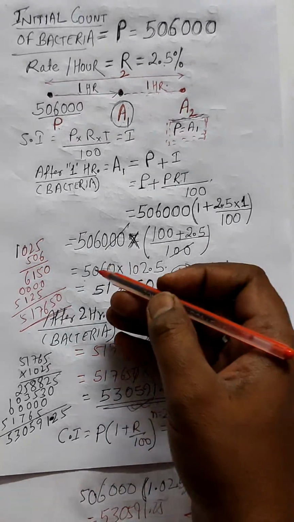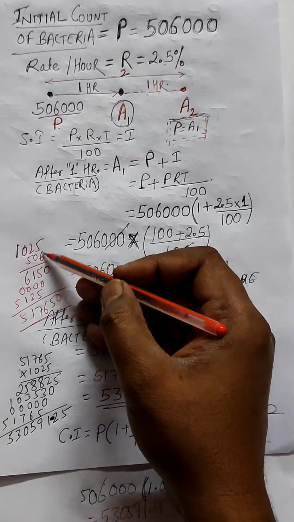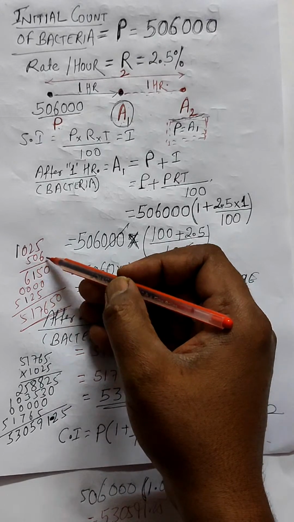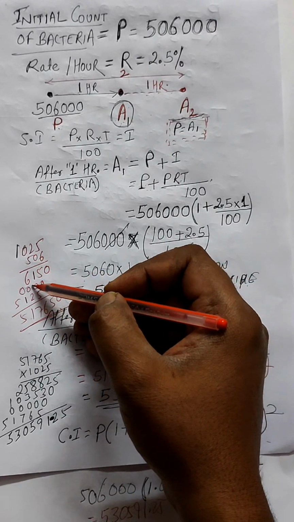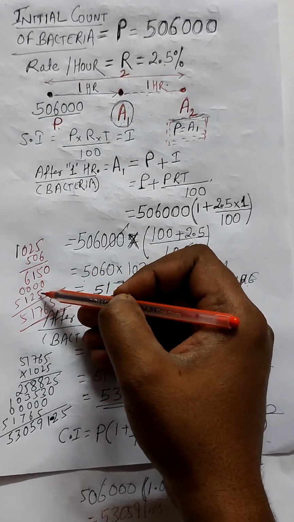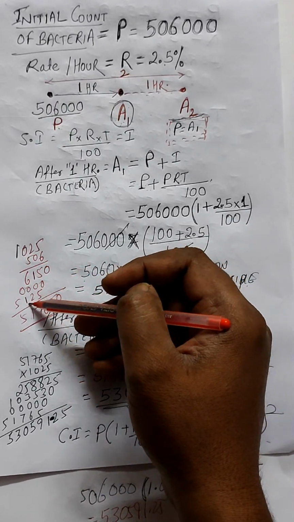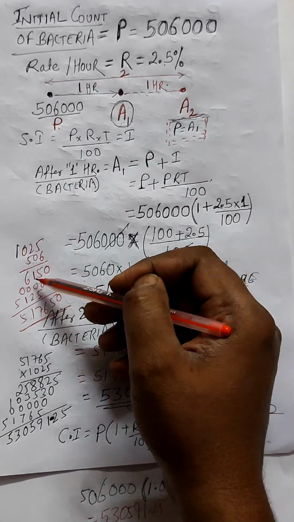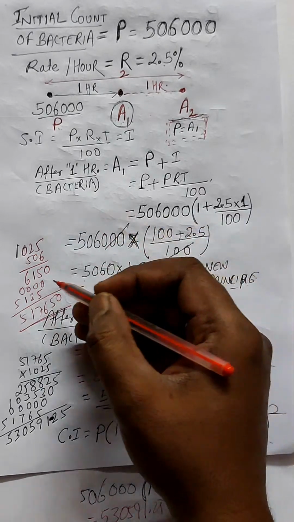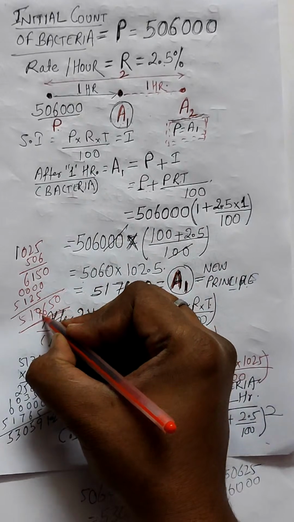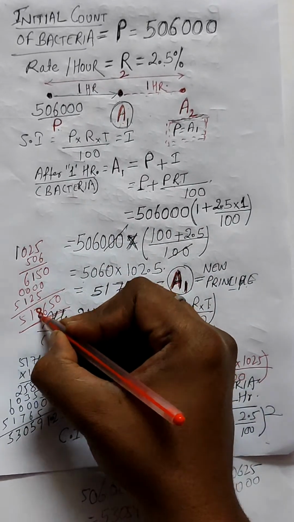Oh, it is 6 plus 2 will be 8 over here. Okay, so this count will be 518650.